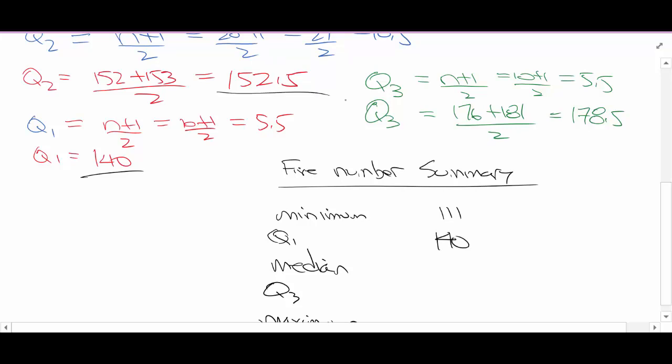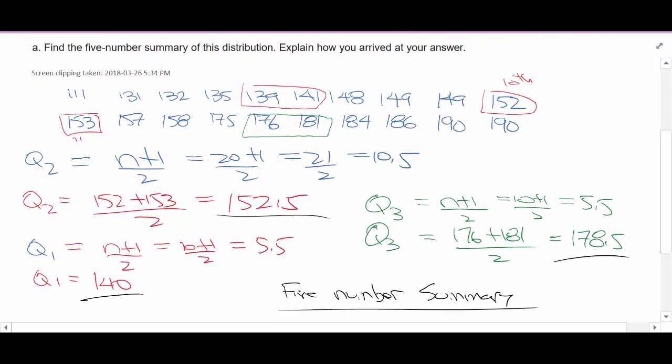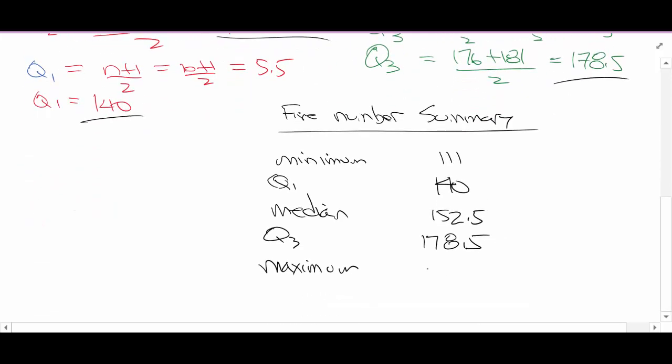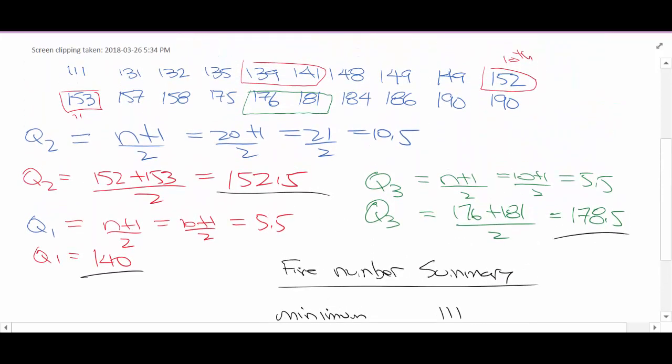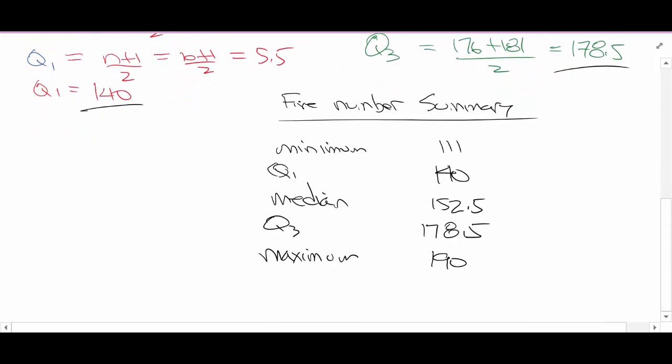Q2, the median, is 152.5. Q3 I calculated to be 178.5. And the maximum, let's look at the ranked data, the maximum is 190. Okay, so there's the 5-number summary. I think I've explained how I got to the answer.